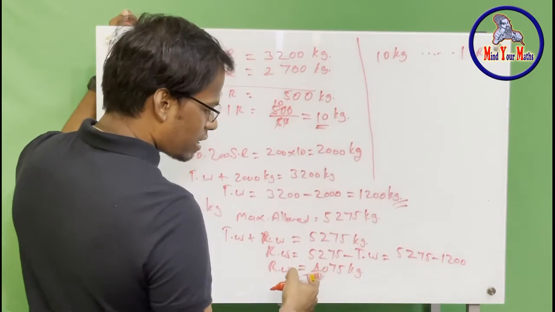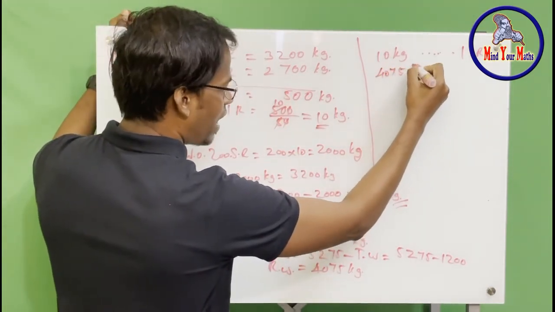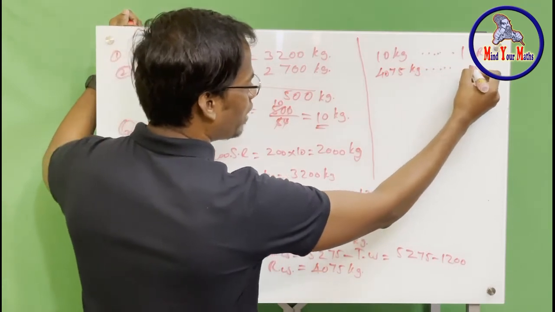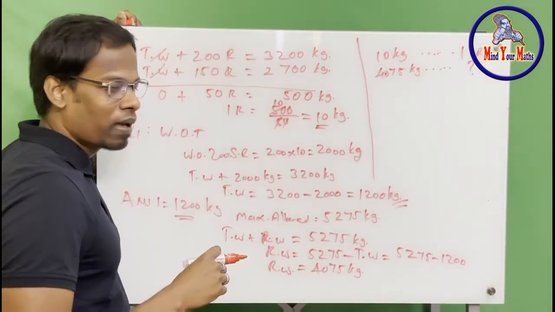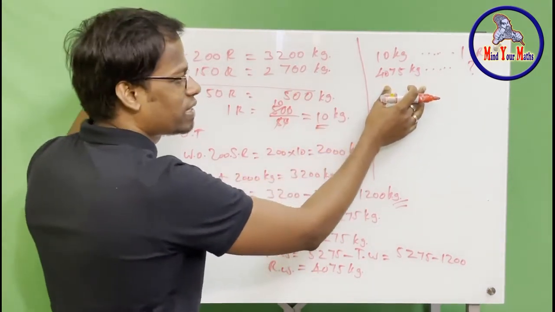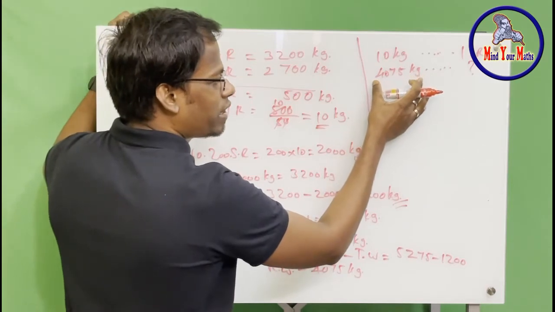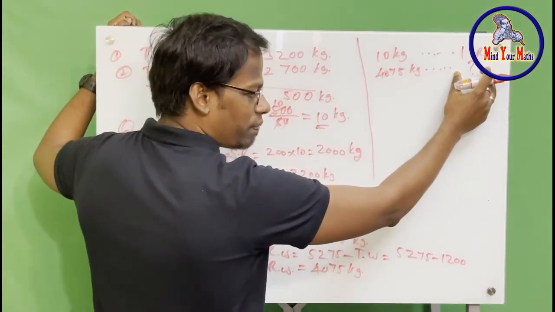10 kilo is 1 sack of rice. So in this case, 4075 kilo will be how many sacks of rice? That's what we are going to find. So is it a direct proportion or inverse proportion? What it means is that when the kilogram increases, is the number of sacks going to increase or reduce?